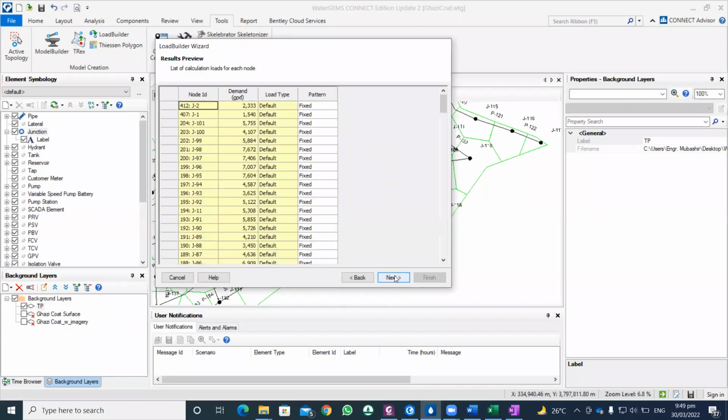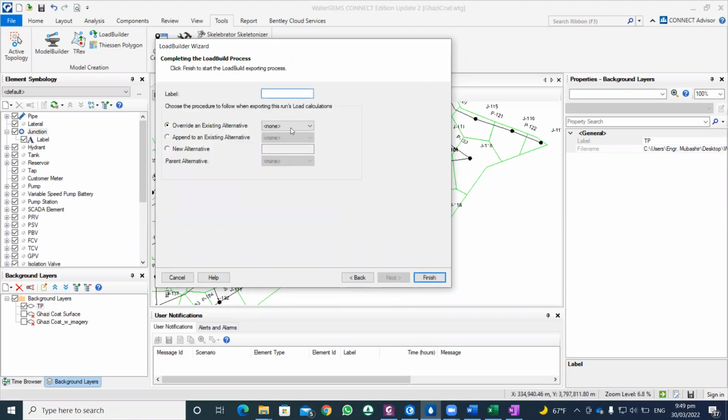So next, you can observe that the demand for each junction has been calculated. Okay. Next label is GIS method.